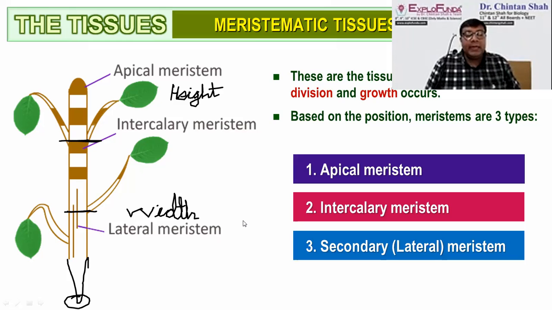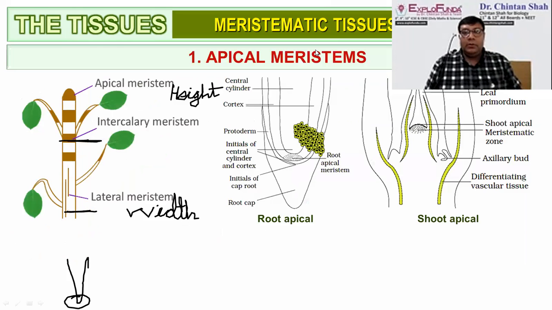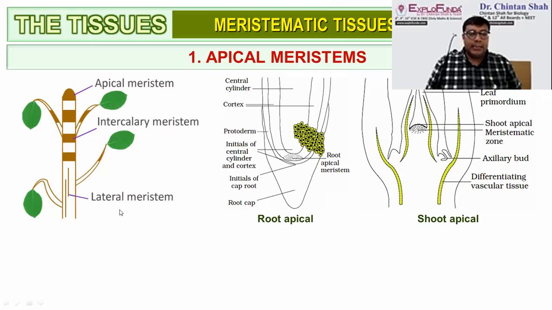Increase in width is known as secondary growth, but increase in height is known as primary growth. Is that clear? Okay, so these are the three different tissues: apical, then intercalary, and the third one is known as lateral.